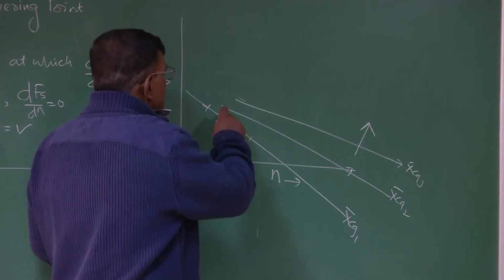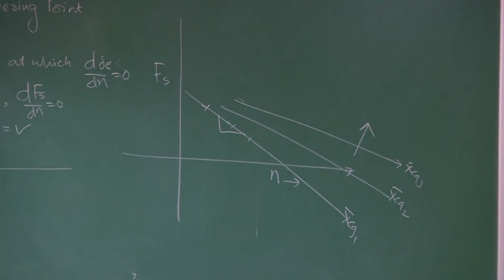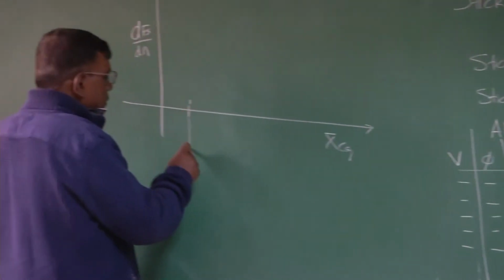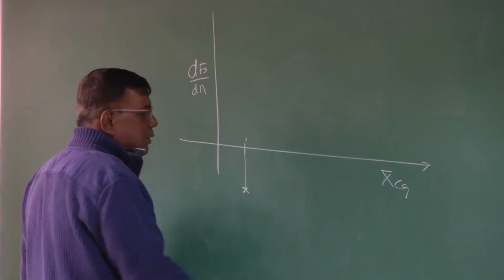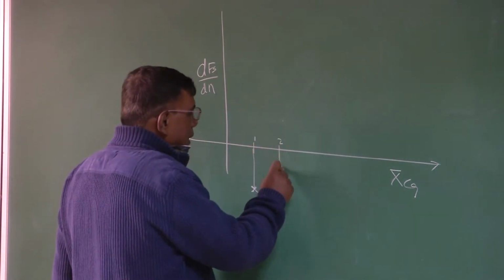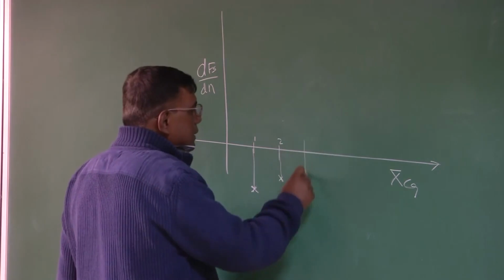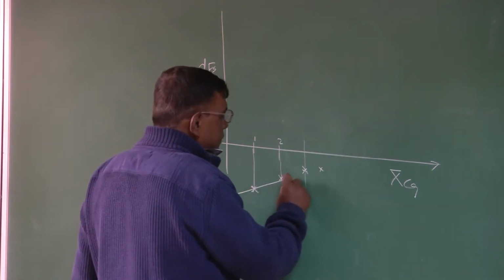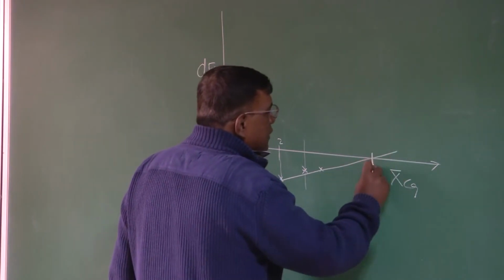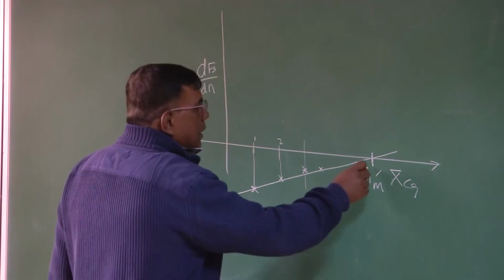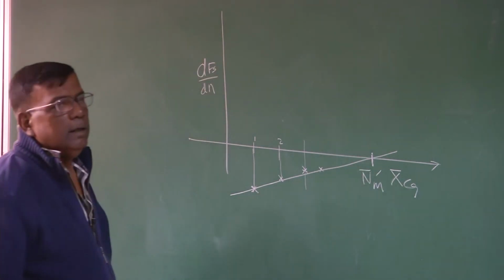Right? So I pick XCG1, and whatever slope I get, I note it down here. Similarly for XCG2, I again do this. XCG3, like that, I'll get a few points. I'll try to fit it to a best fit line. And what is this point? That will be the stick-free maneuvering point.